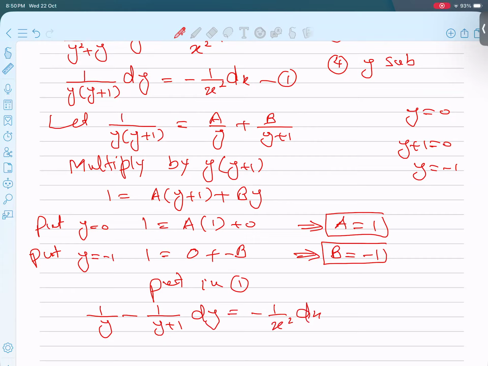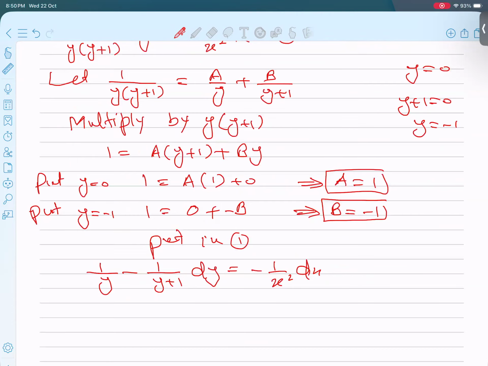Alhamdulillah, this format is very clear. Now we can integrate both sides. Here I got log of y and here log of y plus 1.